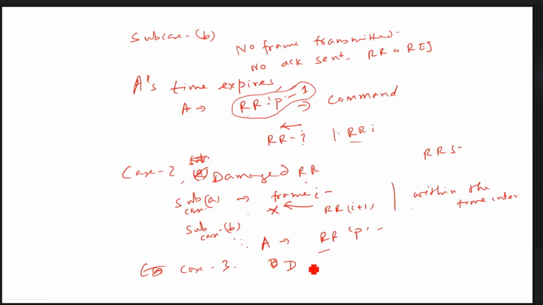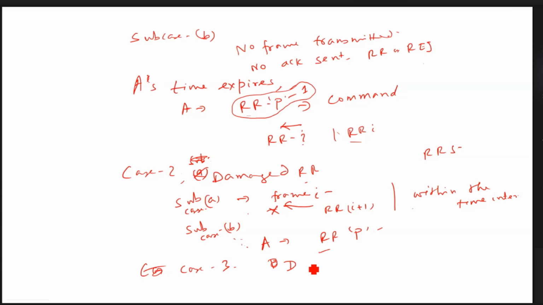After getting this reject 4, A will retransmit frame 4, and not only frame 4 but also frame 5 and frame 6. F5, F6 will be transmitted.